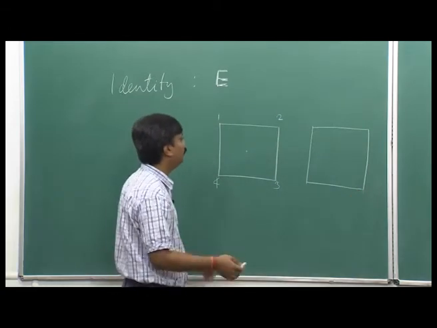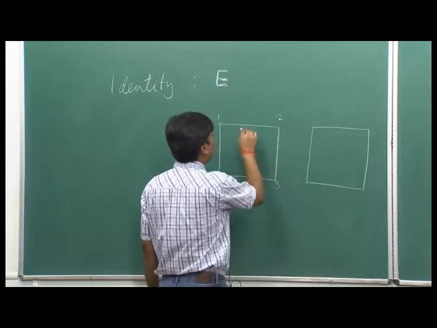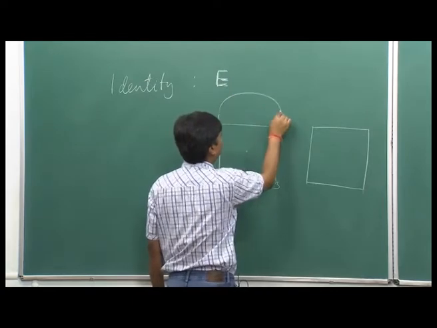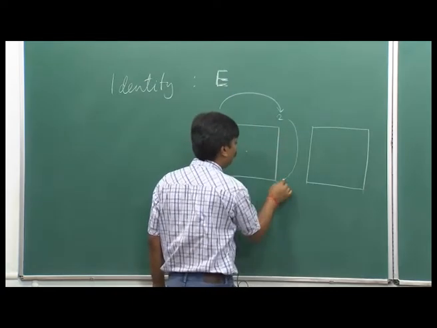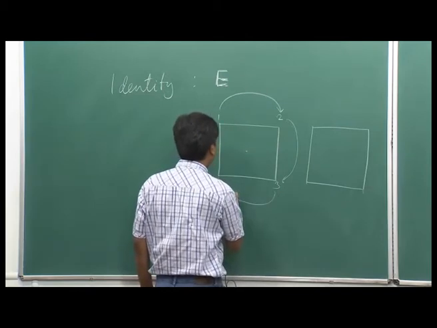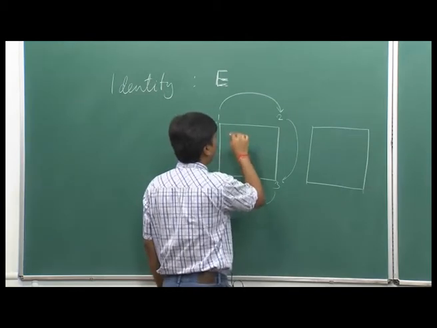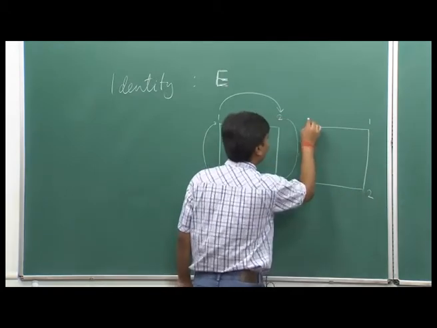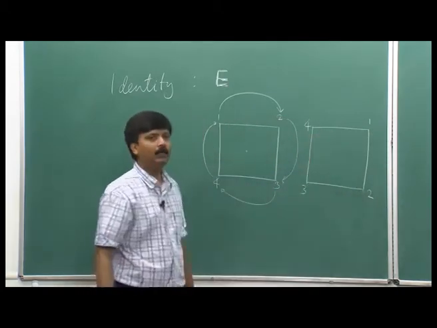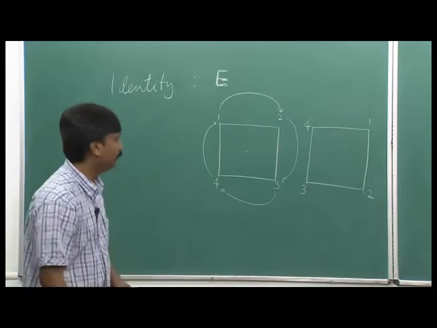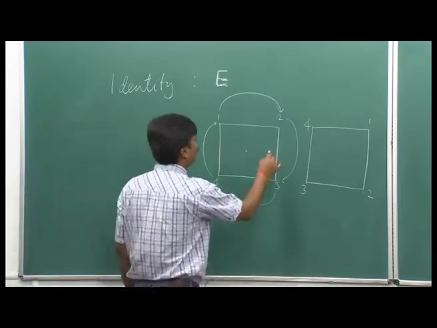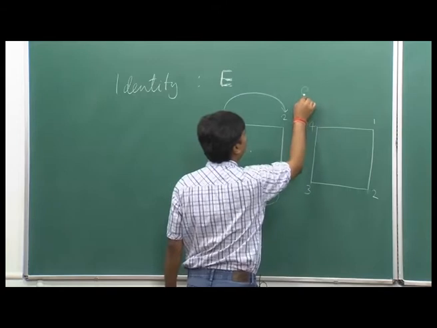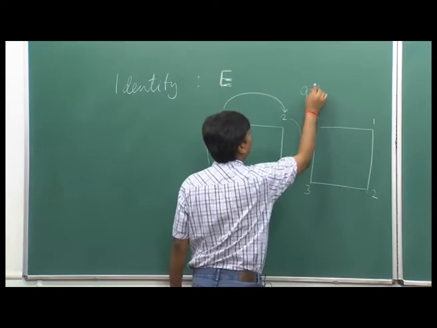A square will remain a square. So, when you give a 90 degree rotation, 1 will come here, 2 will go here, 3 will go here, and 4 will go here. So, ultimately what you have is this 1, 2, 3, 4. Until and unless you have these numbers, you have an indistinguishable structure, that is a square, and this is done by a rotation by 90 degrees.